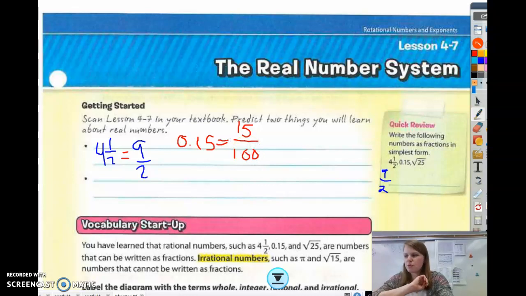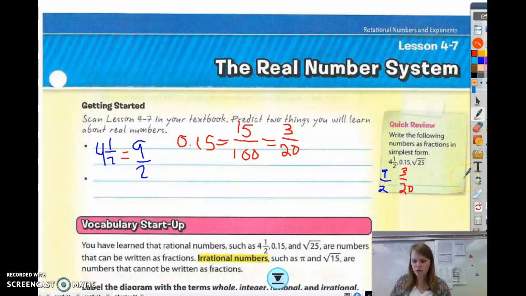Now, aren't those both divisible by 5? 15 divided by 5 is 3. 100 divided by 5 is 20. So you'd say 3 over 20, right?